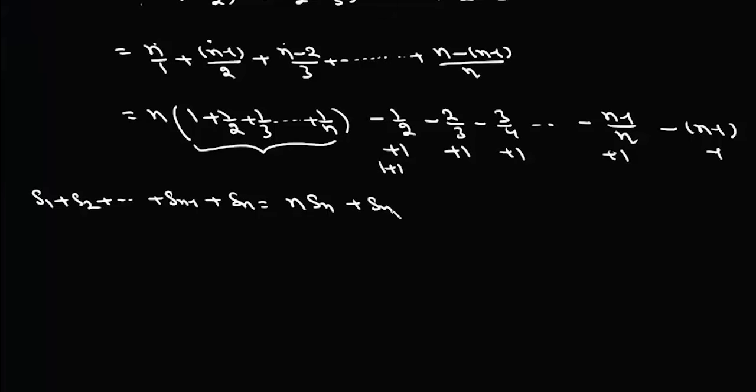So this again will be Sn, and here will be simply minus n. This Sn and Sn will cancel. So the sum of the series S1 plus S2 up to Sn minus 1 will be simply nSn minus n. And that's your option A.